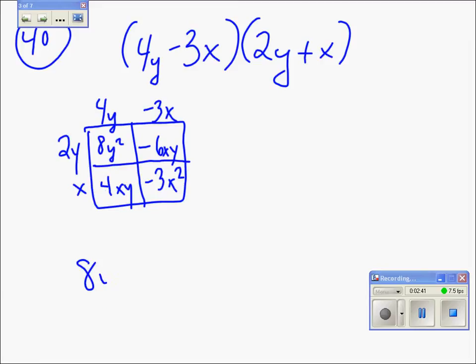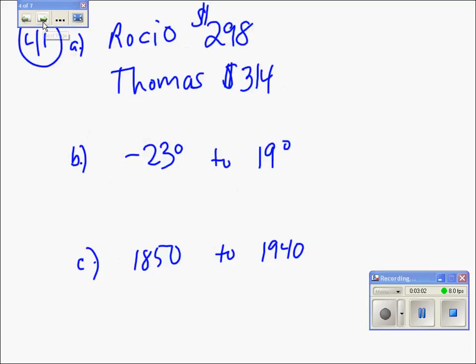When you combine all this, 8y squared's first. The only two things that can be combined here are these two, and 4xy minus 6xy, that's negative 2xy, and then subtract 3x squared to finish. Okay, so that was multiplying. That should have been a review from a couple chapters ago.